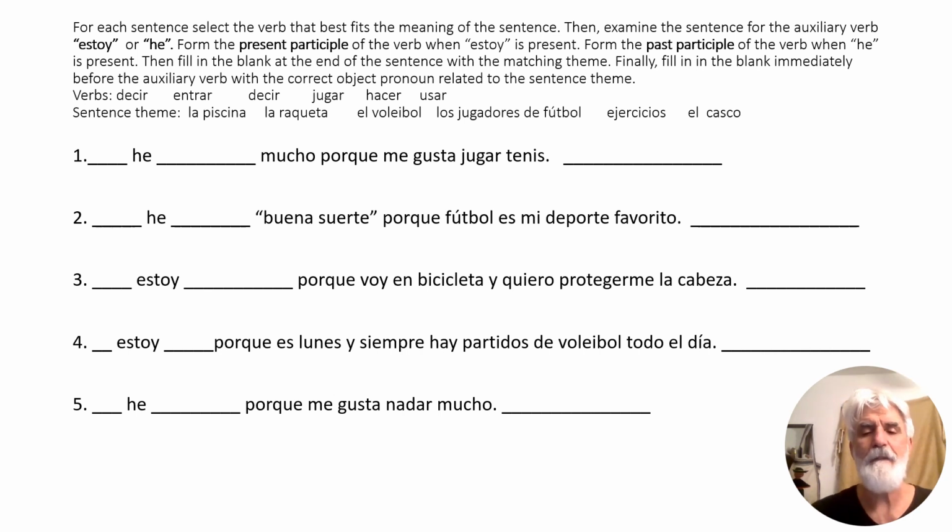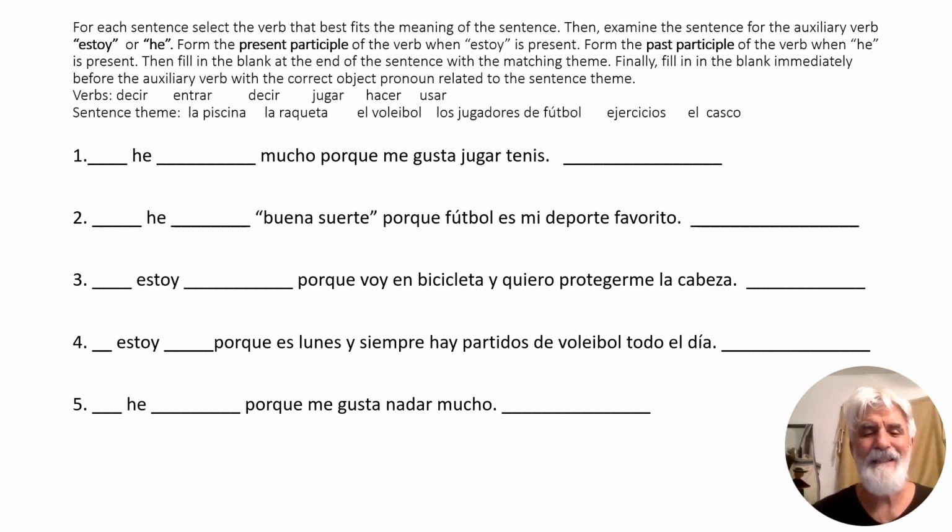Because again, this is using pronouns with either the present progressive or the present perfect tense. So what pronoun will we use? We want to get rid of the word racket and use the pronoun that stands for racket. So let's look at the word racket. It's la raqueta.